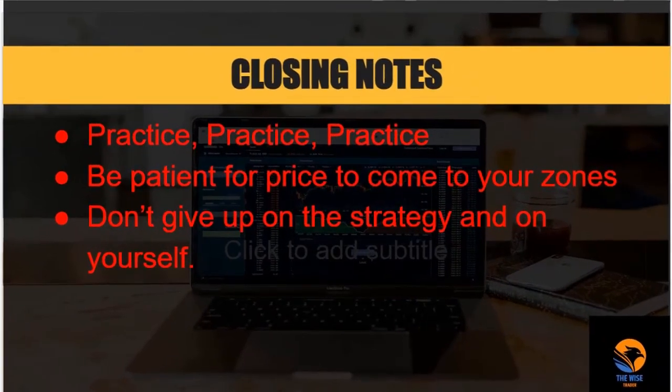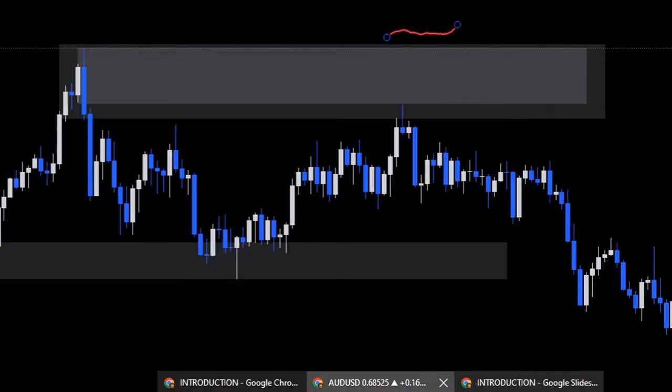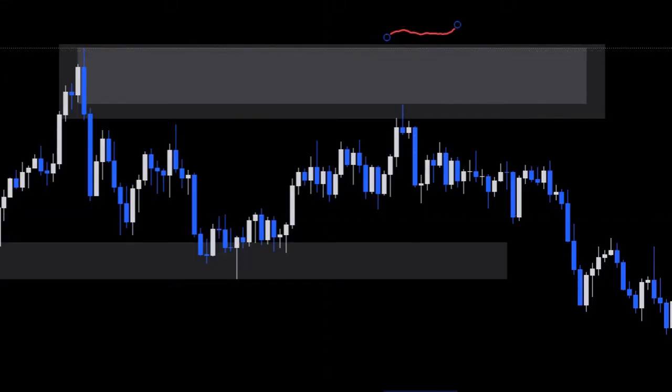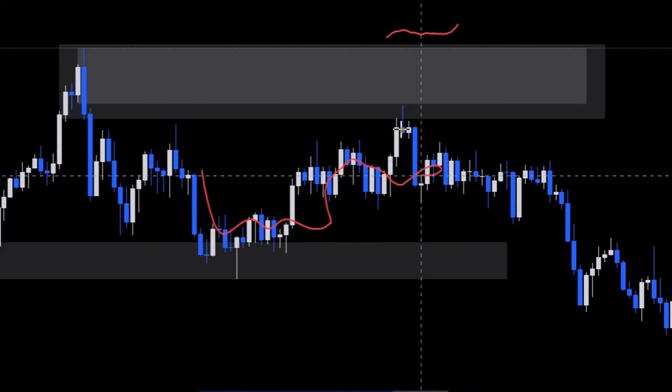So my closing notes will be what? Practice. You need to put in a lot of practice and be patient. Be patient for price to come into your zone. You need to wait for price to come into your zone. Don't try to trade at the middle. Don't try to catch every move at the middle. Just see all the noise here before it comes to your zone.